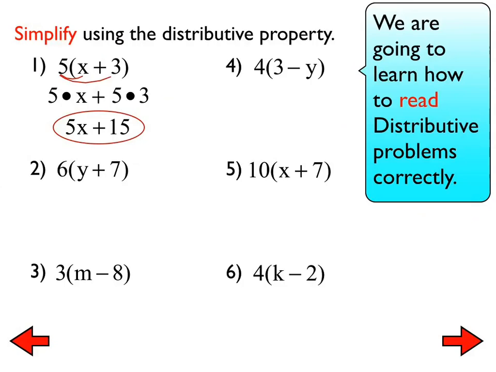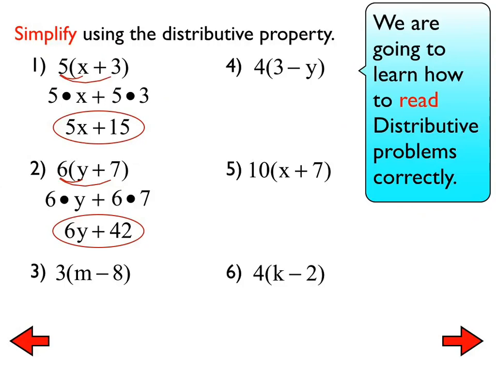Okay, so now say the whole thing. 6 times the quantity of y plus 7 equals 6y plus 42. All right, there we go. So 6 times the quantity of y plus 7 is equal to 6y plus 42, and that's the reason why right there. All right, everybody try number 3 and number 4.